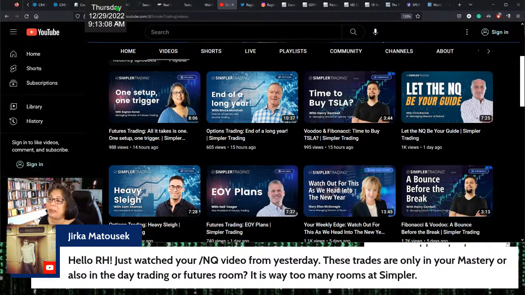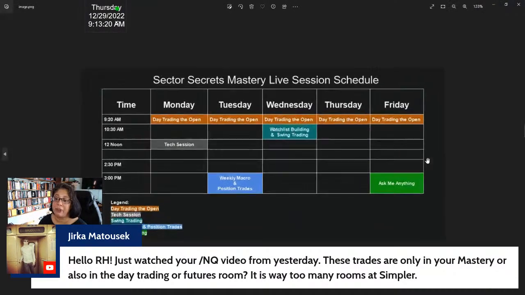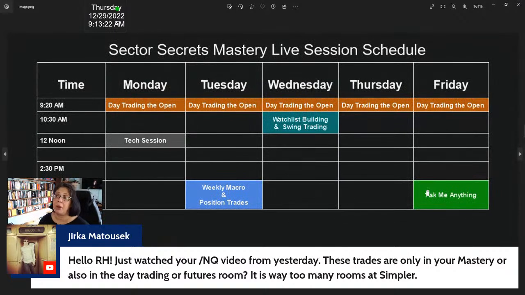So are these trades in my mastery? Yes. I'm in the futures room Tuesday and Thursday, and I'm in the mastery Monday through Friday. So it just depends on what day, right? And I'm not a part of the day trading room. There are a lot of different rooms at Simpler, but they're all designed to serve traders looking for a certain approach.